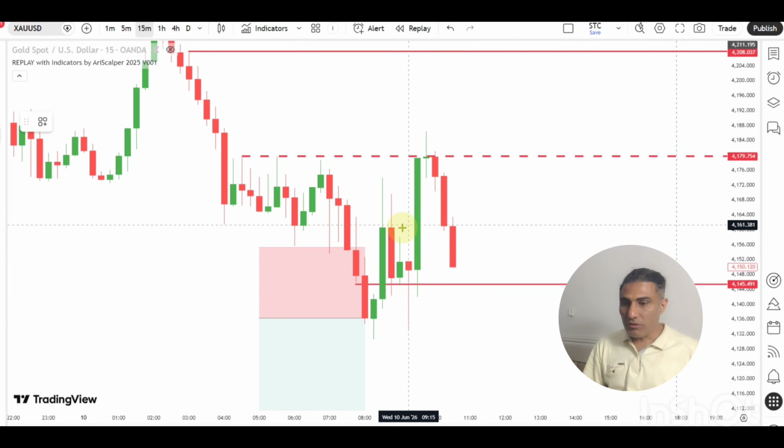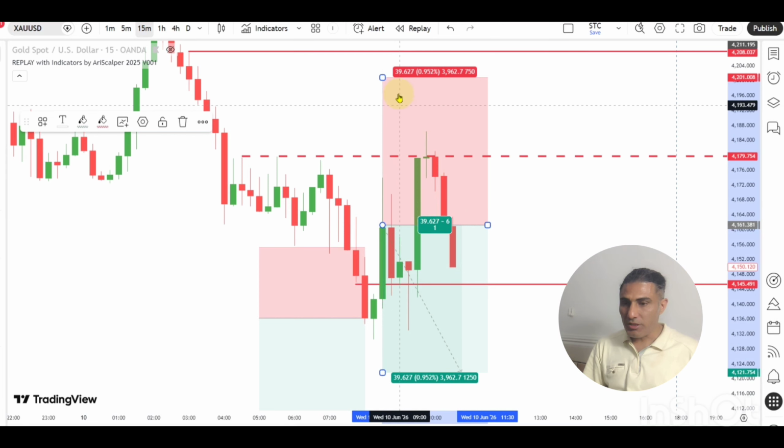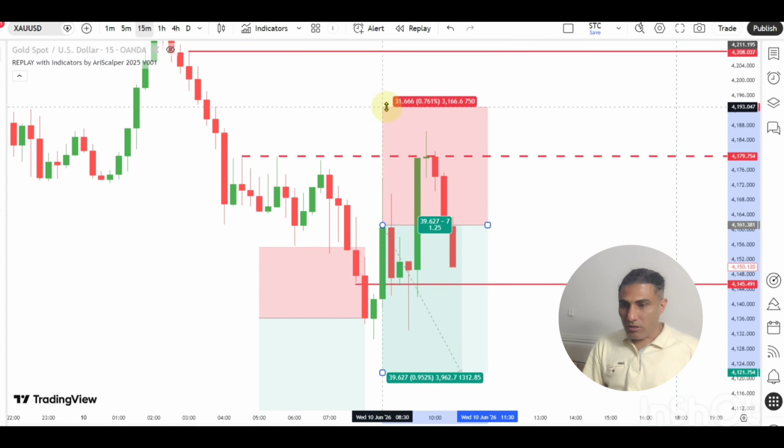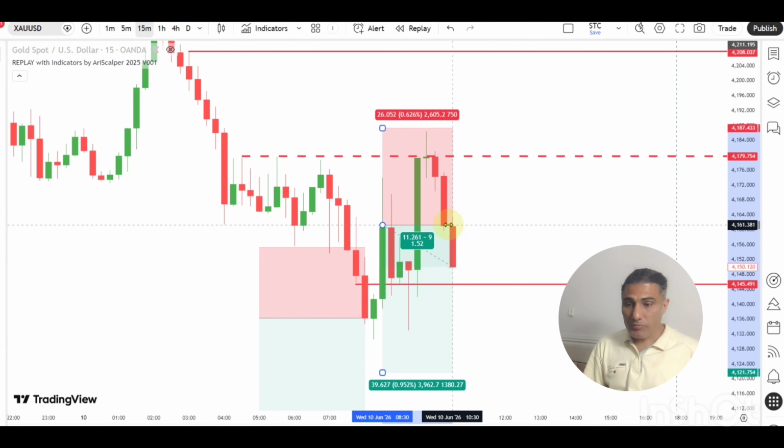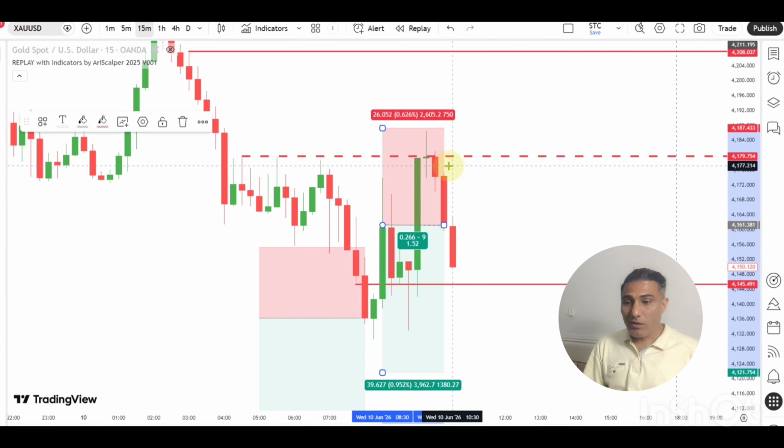But if you want to enter the sell position here, the point is that now you have to put your stop loss over this swing high. You cannot put your stop loss at the top of this wick.